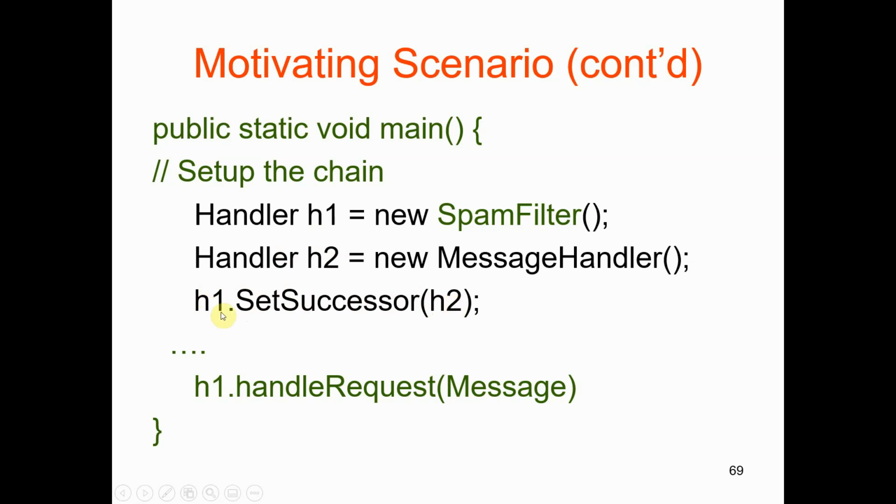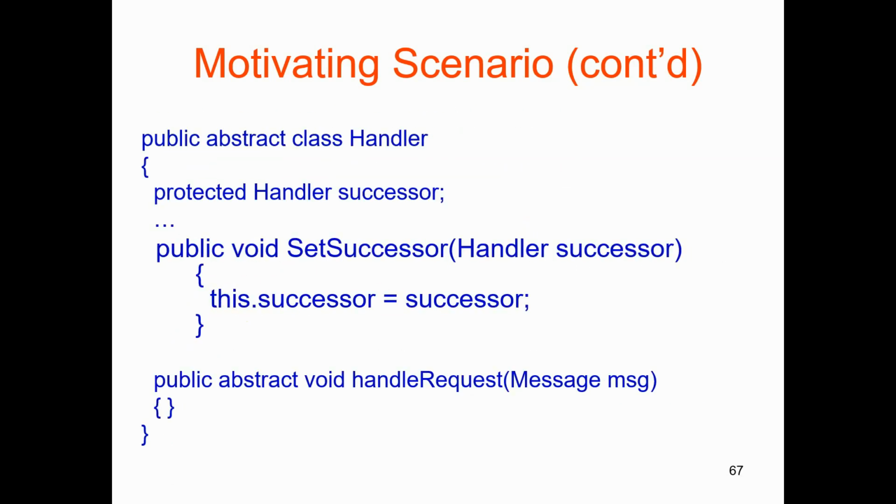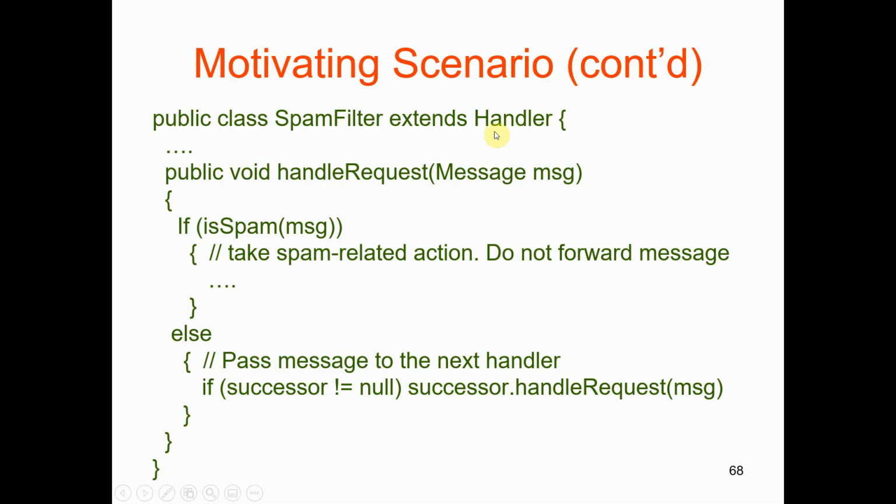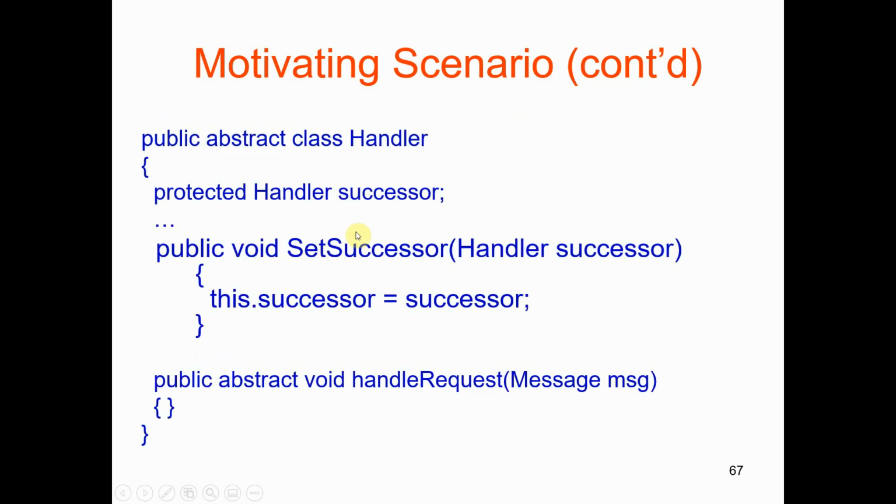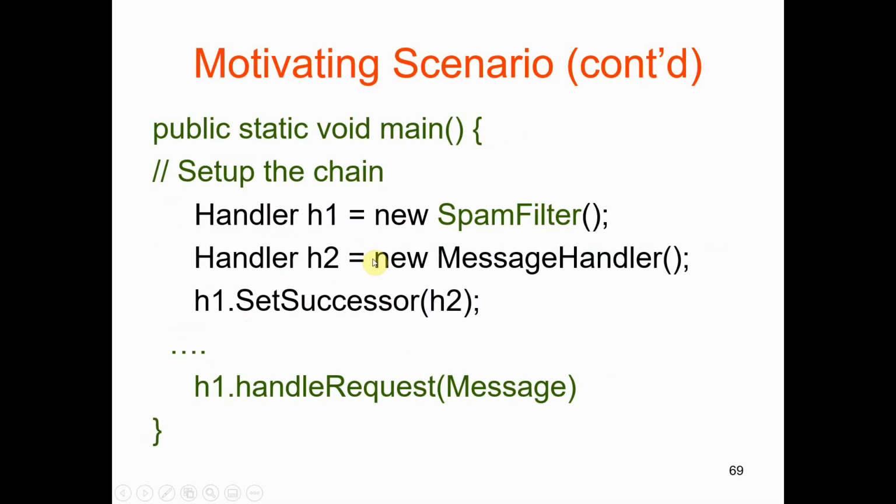Since h1 is a handler, and the handler has this set successor method, you can just inherit from the handler, so that h1, the spam filter, has a set successor method. It will set h2, the message handler, as its successor. So here we see the chain is h1 to h2. And then h1 will handle the request. If the message is not spam, then h2 will handle the request.